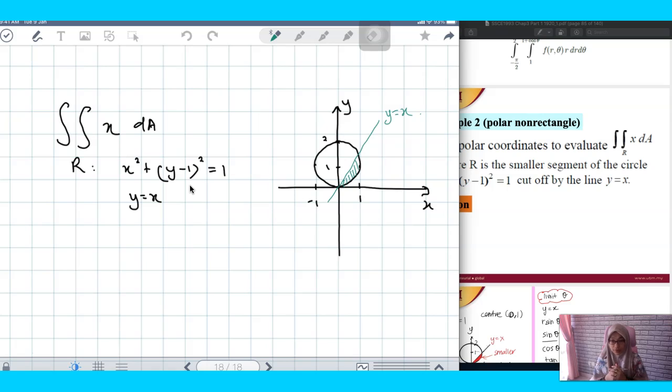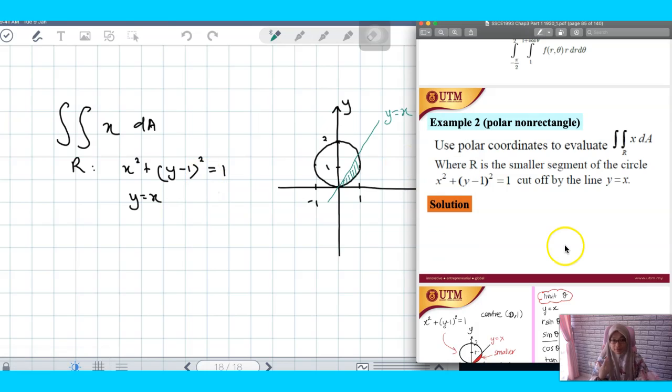But this circle is not centered at the origin, so in this case you have to convert everything into r and theta, which are not given. So to find it, we are thinking about converting all the information regarding the region.